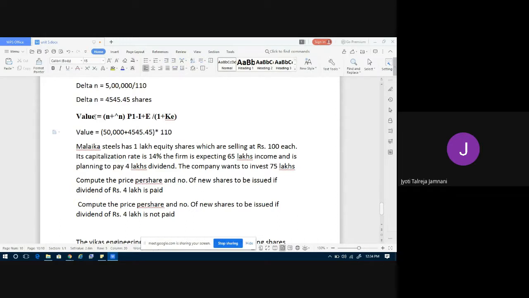P1 is 110. From this we have to do minus I, which is 10 lakh, plus E, which is 5 lakh. The whole thing has to be divided by 1 plus KE, 1 plus 0.1.